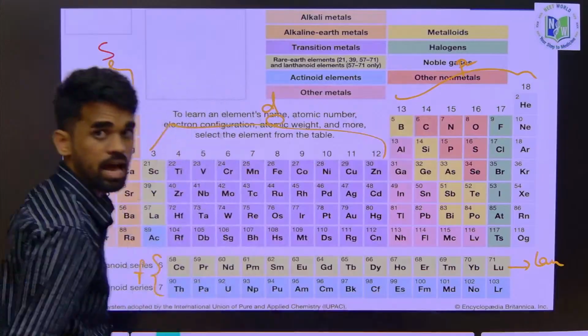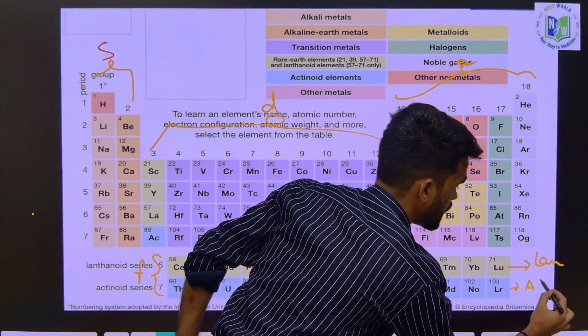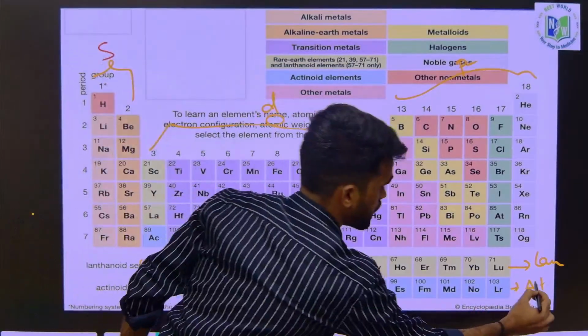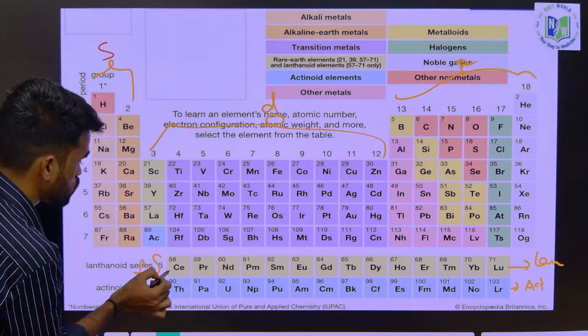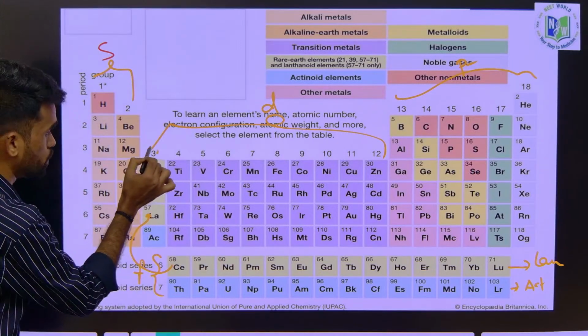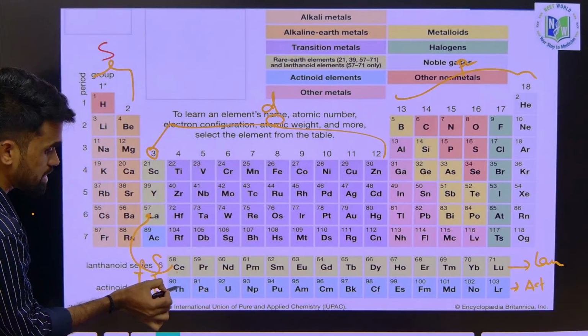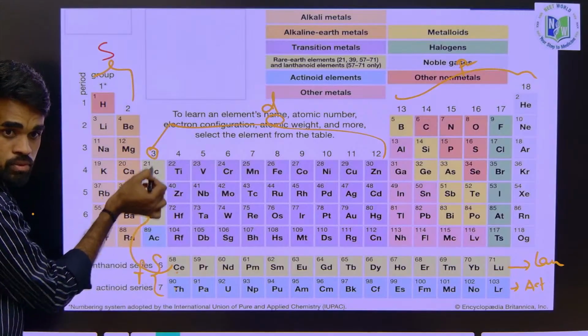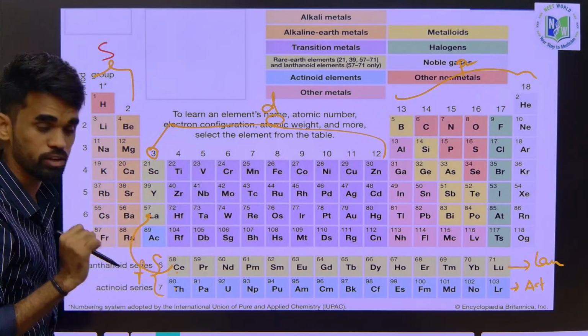And the second series of elements are called actinides. Okay. So now these elements belong to this particular group. Which group is it? The third group of this periodic table. So lanthanides and actinides belong to the third group. This is a basic thing you need to remember.